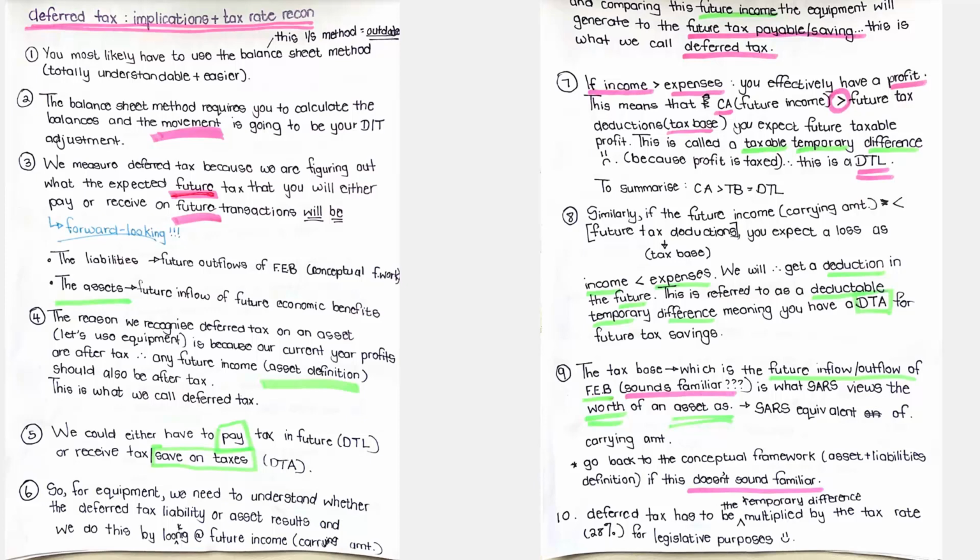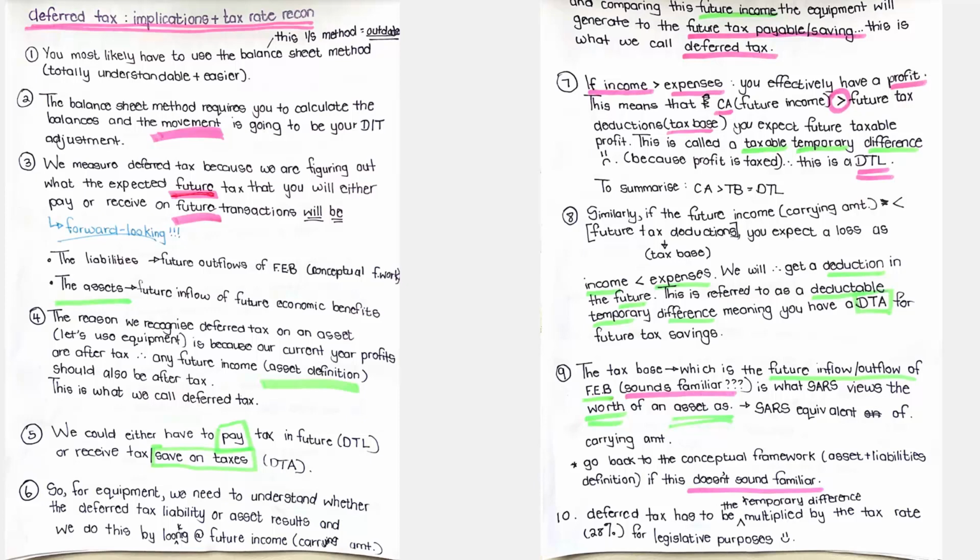The reason we even recognize deferred tax in the first place is because our current year profits from an accounting perspective are after tax. Therefore, any future income or any future expenses that we have to either incur or receive in terms of the taxation elements, when we plan for it, also have to be after tax.